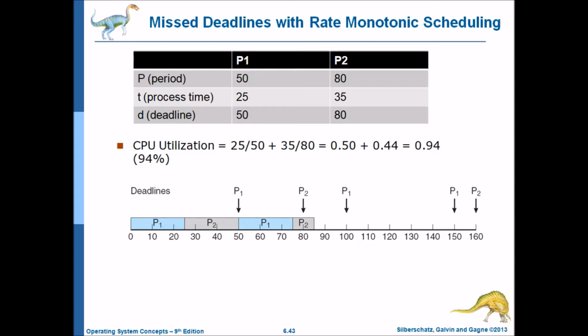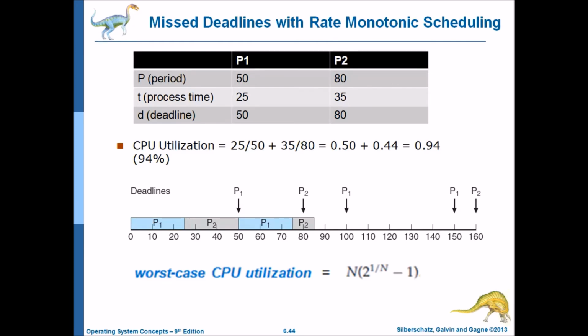The worst case CPU utilization for scheduling n processes is n times 2 to the power 1 over n minus 1, which is 100% for a single process, but drops to 75% for two processes and to 69% as n approaches infinity.